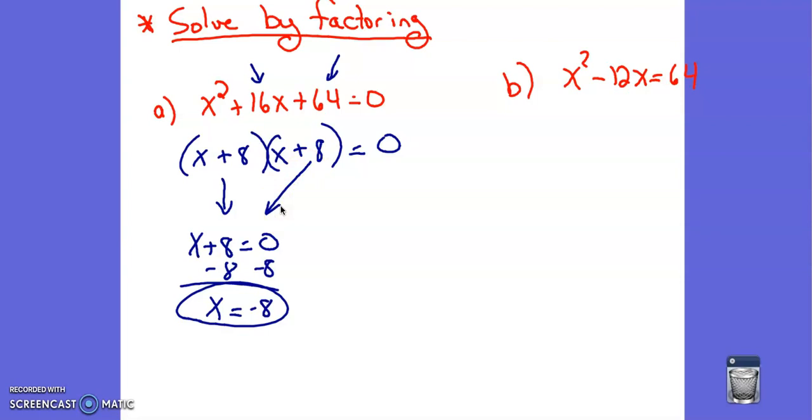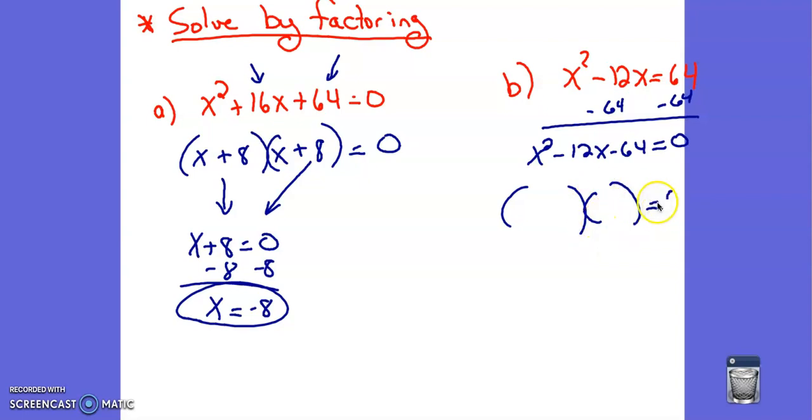And again, if I solve this, remember, it has to equal 0. So I'm going to minus 64 from both sides first. Try to find two things multiplied together that will equal 0. Again, two numbers that multiply together to give you negative 64, and add together to give you negative 12. So this would be negative 16, positive 4.